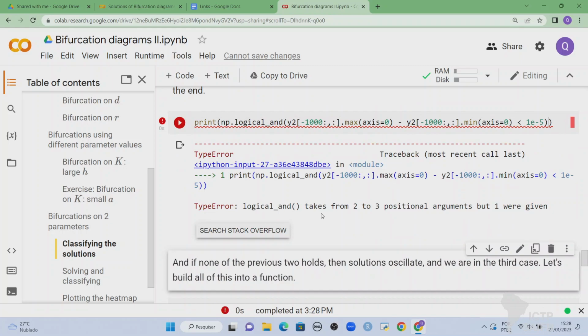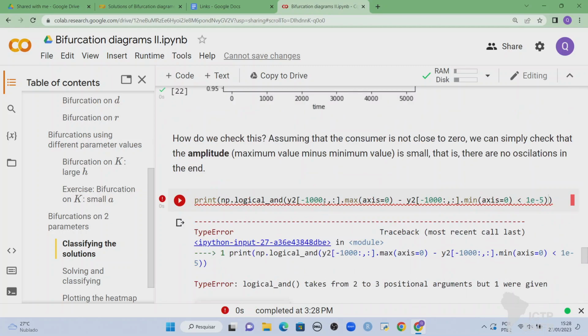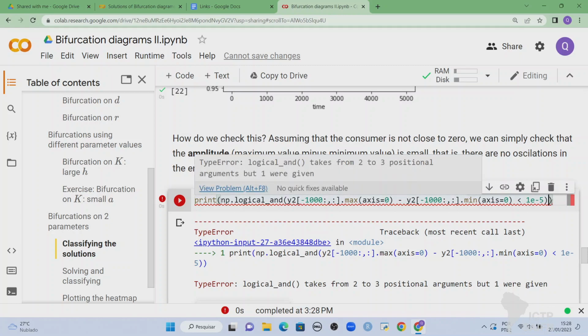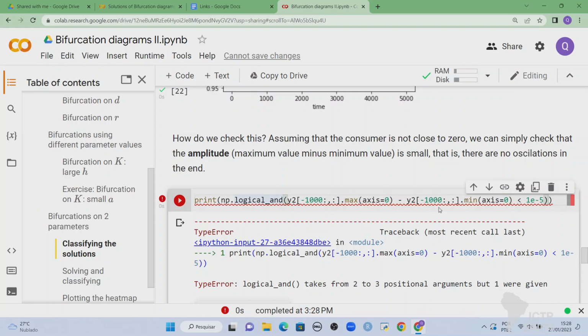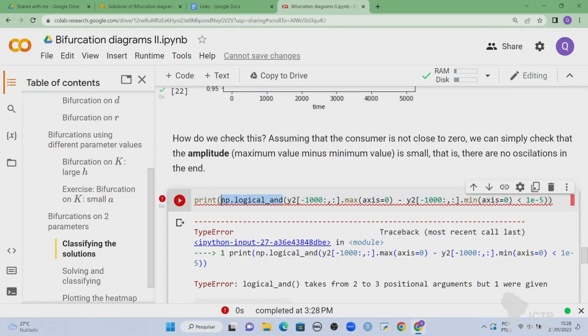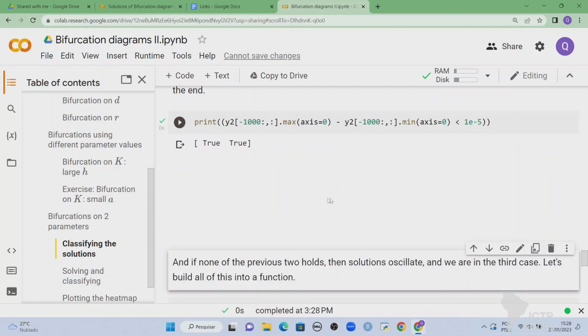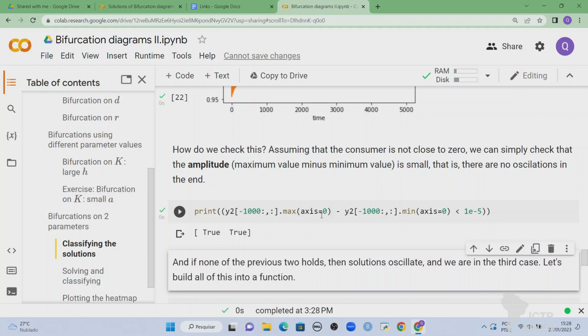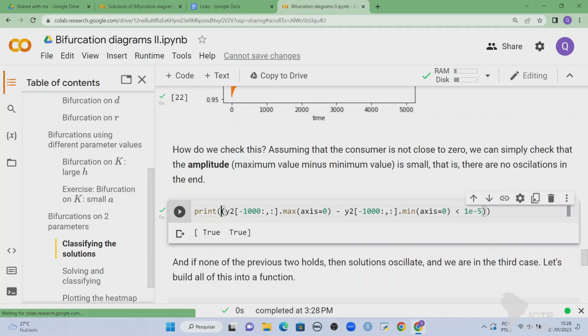Oops. What did I do here? I don't know what I did wrong, sorry. Let's try this again. True and true, an array of truths.